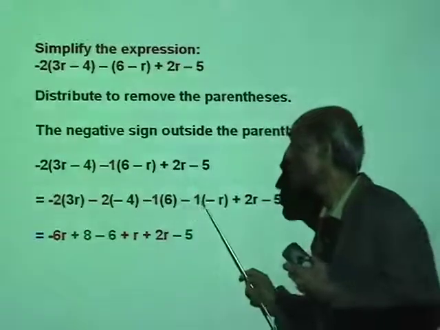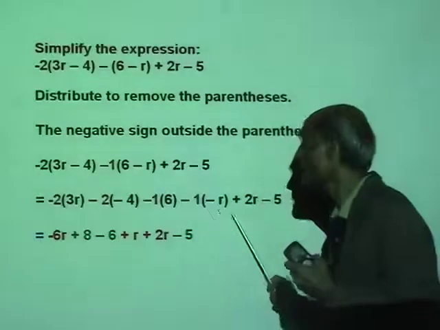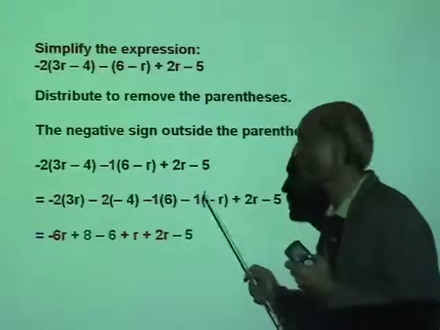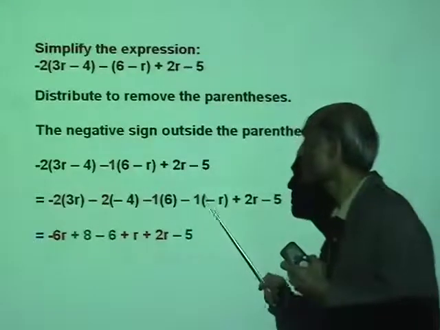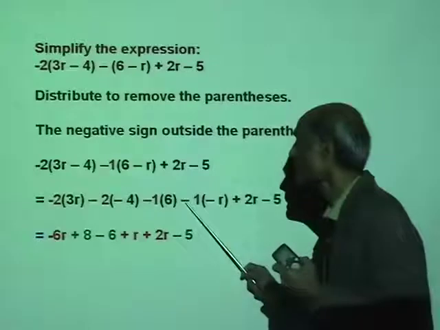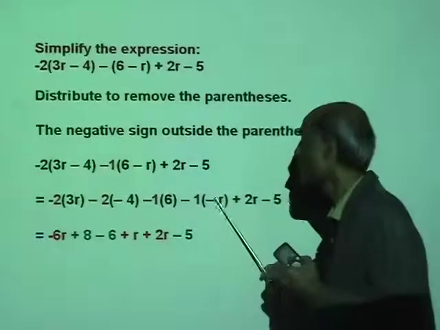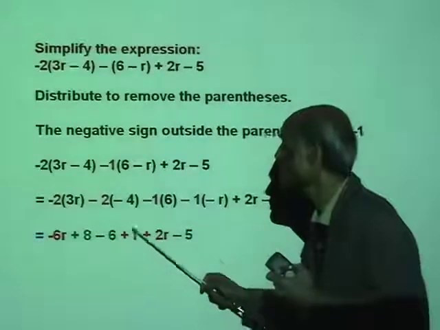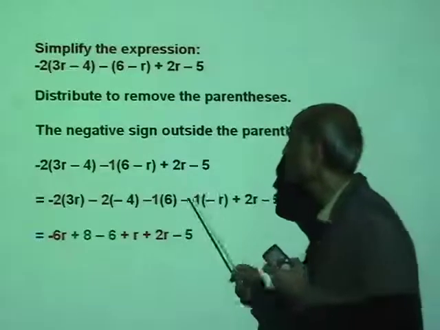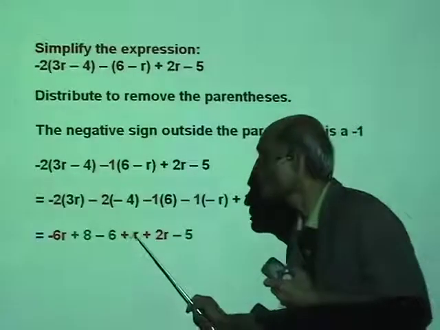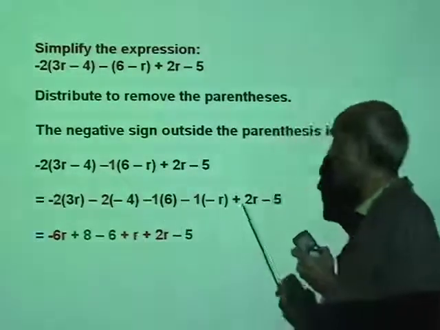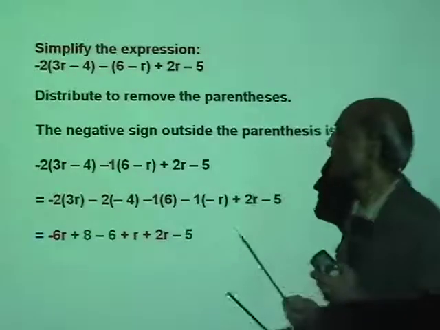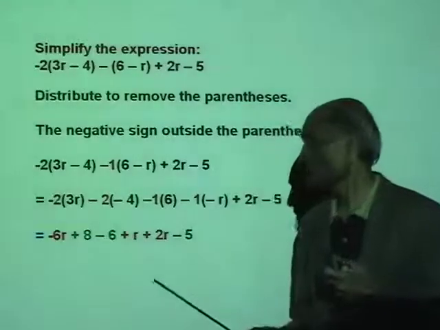And negative 1 multiplied by negative r. What is negative 1 multiplied by negative r? A negative multiplied by negative is positive. That gives you a positive 1r, which is plus r, and then plus 2r minus 5 remain the same.